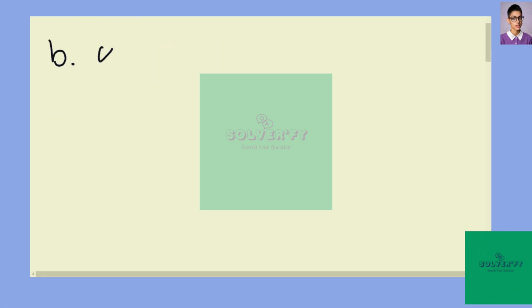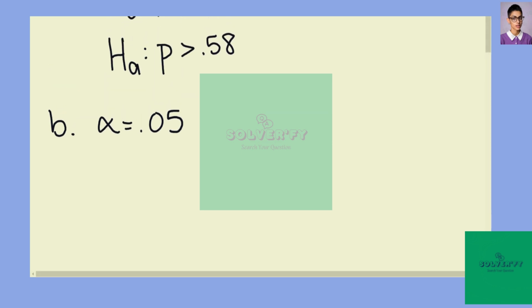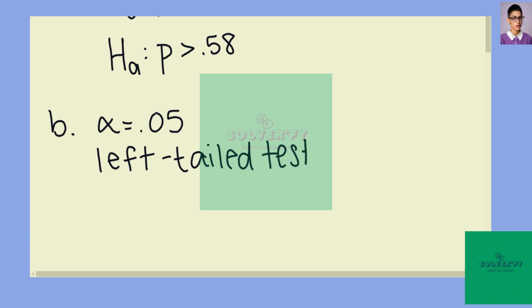So next we need to find our critical value. Since we have an alpha level of 0.05, and since we're looking at greater than, we have a left-tailed test, meaning if we look at the graph, we have our alpha level here, we're looking at above that.